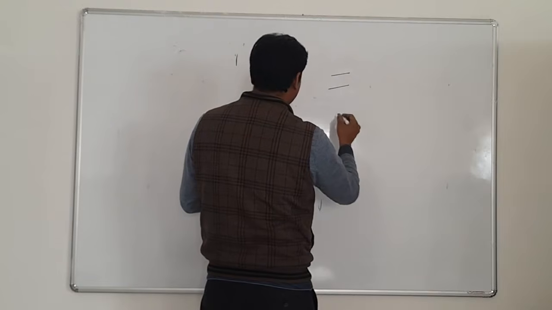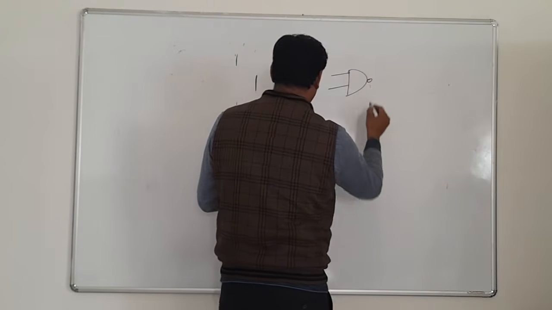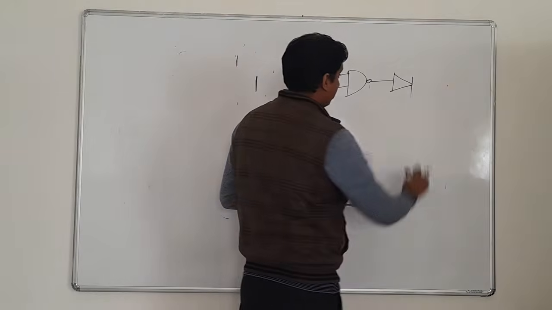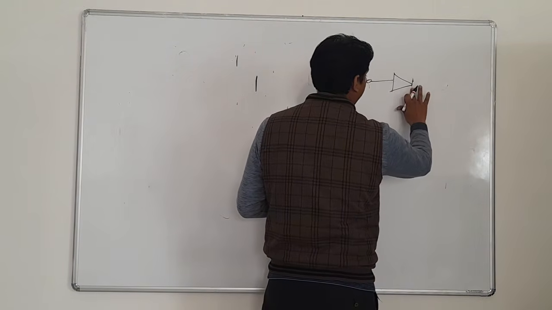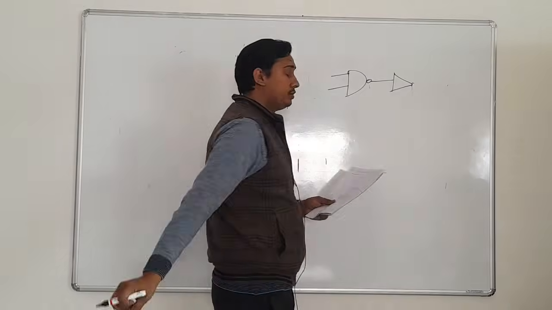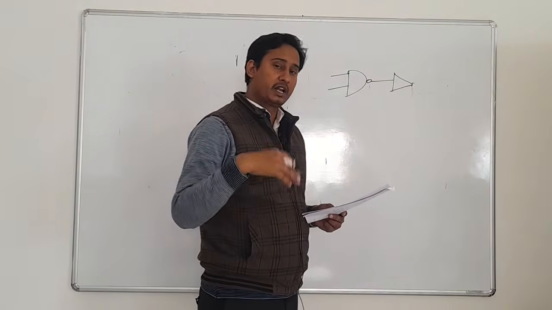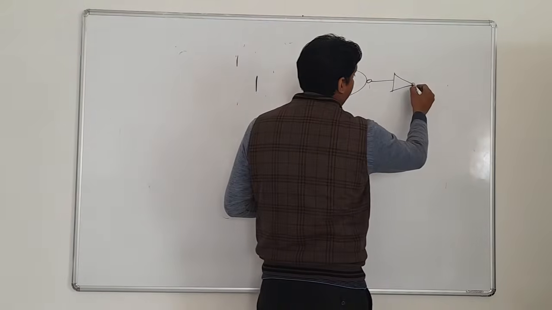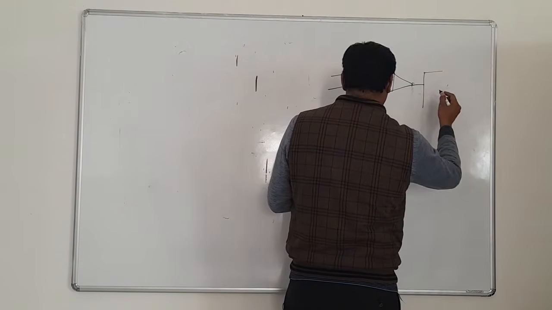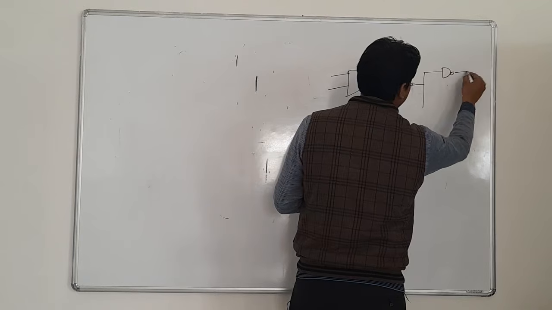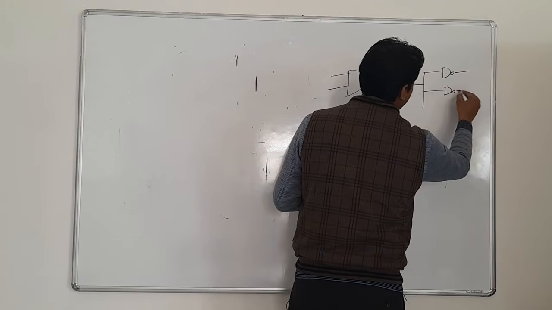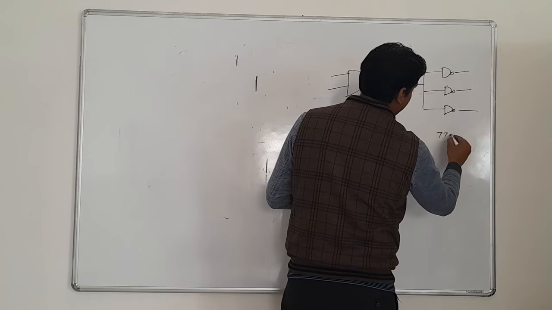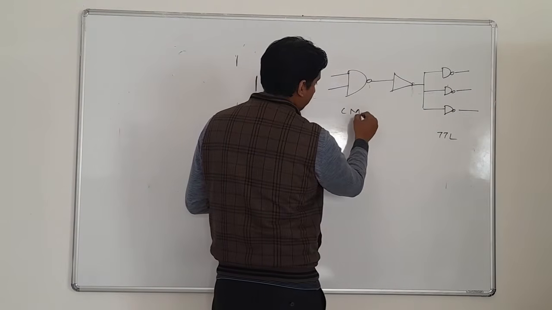This is your CMOS, NAND CMOS, and there is a buffer. Buffer, you know, the input that you give, the same correspondingly comes as output. It follows the input. And there are 3 loads over here. This is 1st load, this is 2nd load, this is 3rd load. These loads are TTL and this is CMOS.